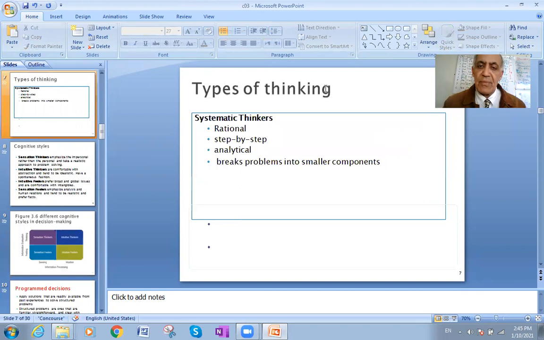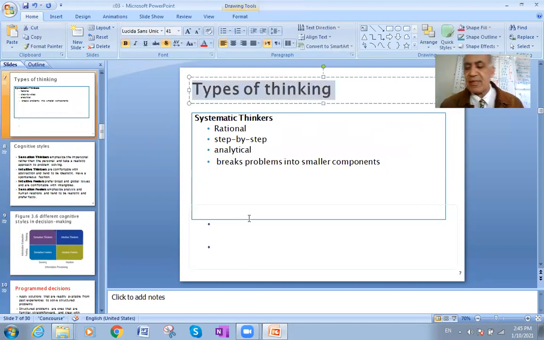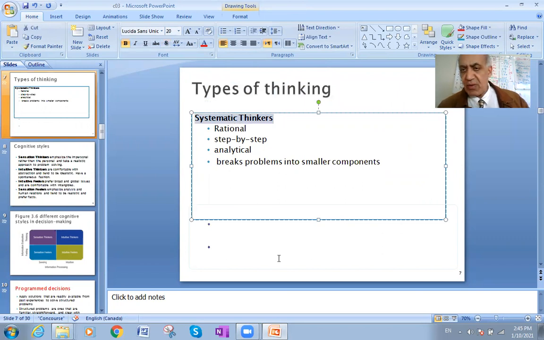Is there a way for persons to think while making decisions? What are the systematic thinkers? What are their traits and characteristics? How do they act?